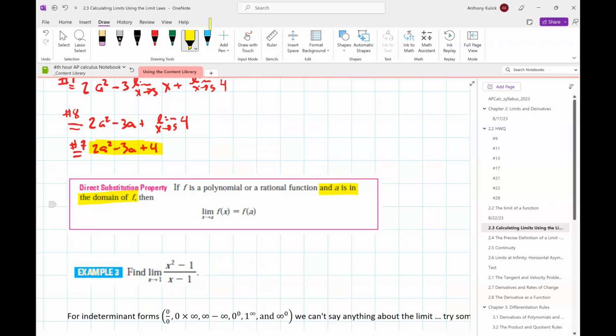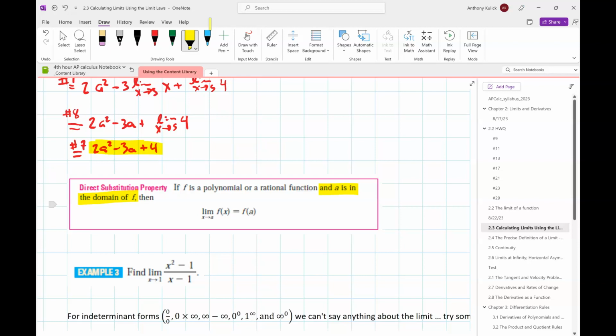What's the domain for a rational function? It's all real numbers except, close, where the denominator is equal to 0, right? So that's the place where we're going to have to be careful, because if I substitute that in and I get a 0 denominator, I couldn't have used direct substitution.